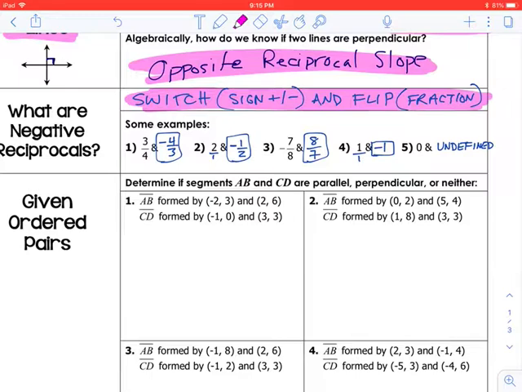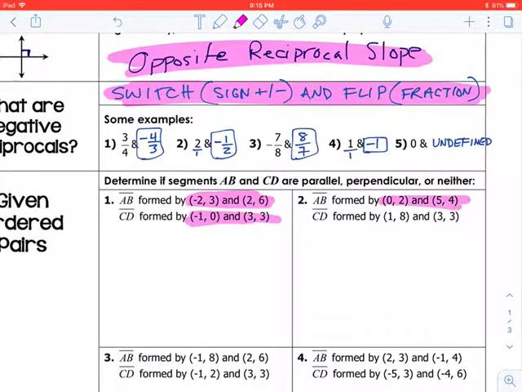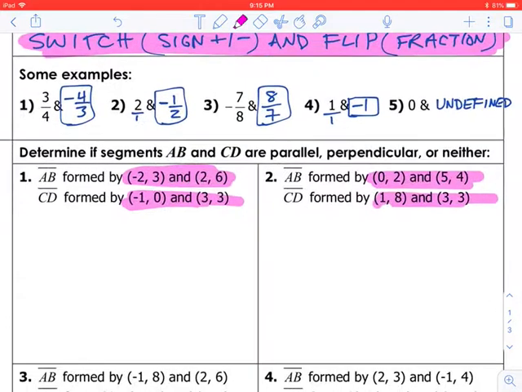Just a couple quick examples, and then we'll go to the back side of this. If you want to write down AB and CD, we'll do two quick examples. In the first one, I want to find the slope for AB and see if they're parallel or perpendicular, or maybe neither. For AB, I've got 6 minus 3 over 2 minus -2, which becomes plus, so that's 3/4.